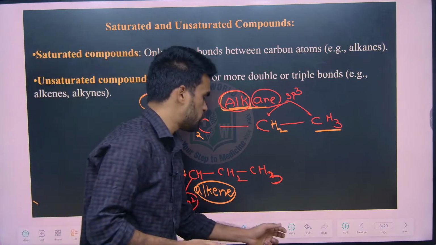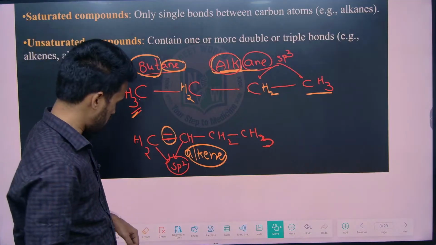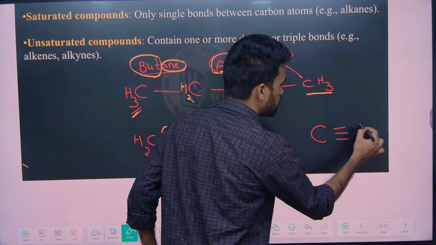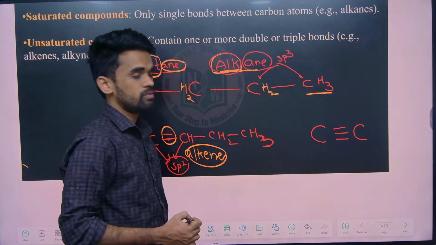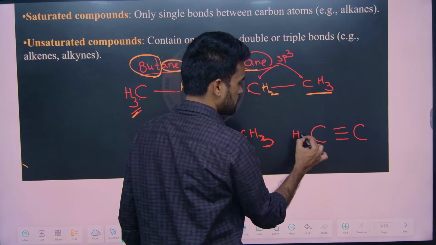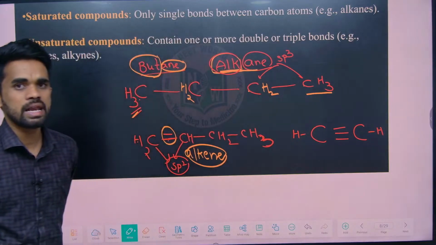Okay. And one more type of compound is there, called alkynes. So there should be at least 1 CC triple bond in the given compound. I mean 1 triple bond like this. You can say this is the smallest alkyne possible.